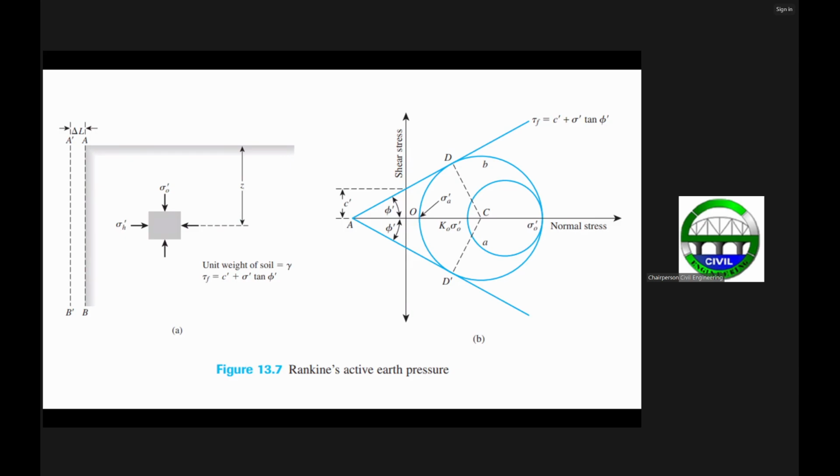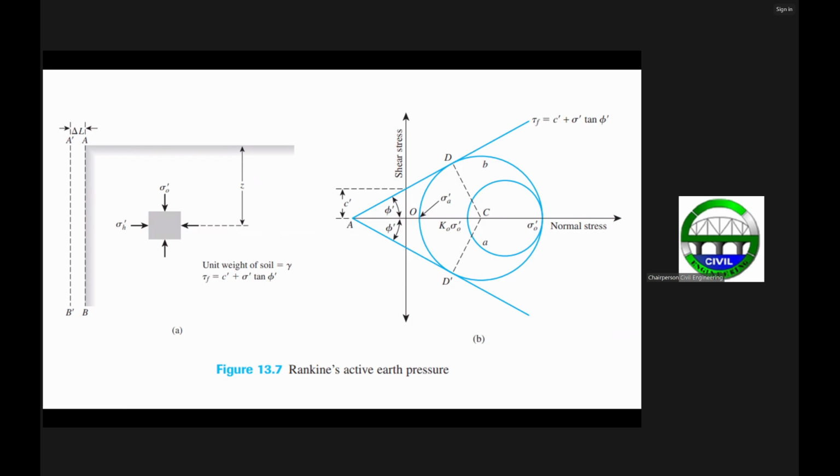Let us consider the soil element in that condition at any depth Z, wherein the soil has a unit weight of gamma and follows a failure envelope, the Mohr-Coulomb failure envelope, C prime plus sigma prime times the tangent of phi prime.